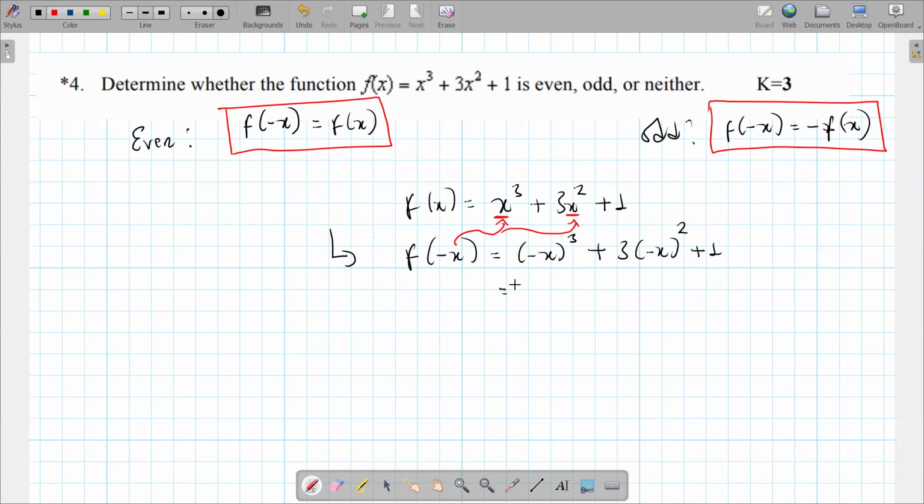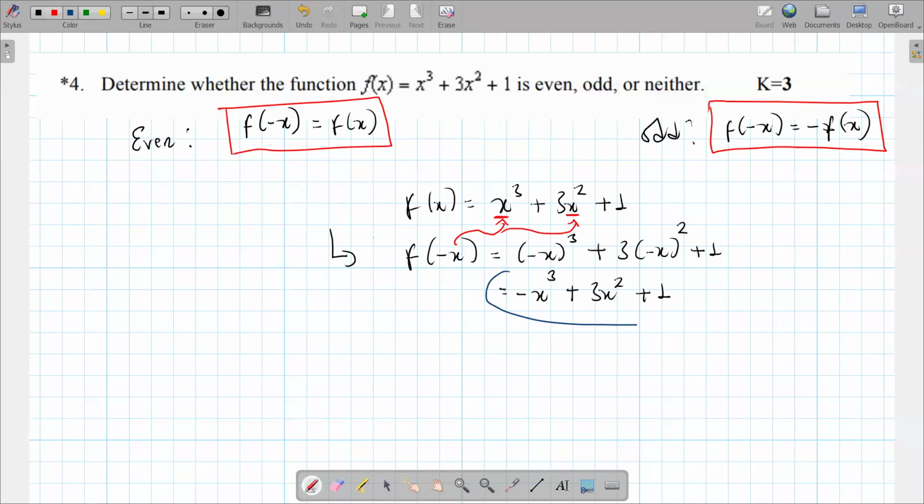Then you open the brackets. What's negative x cubed? It's just negative x cubed. Plus this one, the negative sign disappears, plus 1. So that's what we got.